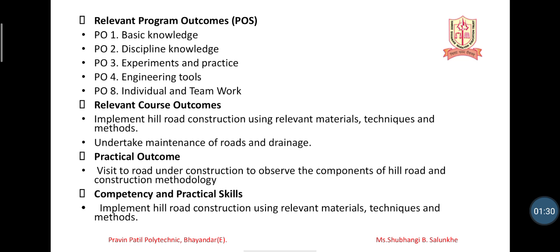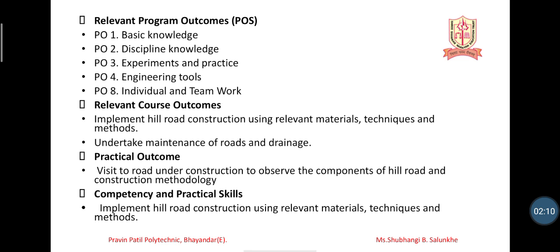Okay, so now the relevant program outcomes are basic knowledge, that is an ability of basic math, science and engineering to solve engineering problems. Then we should have discipline knowledge, that is an ability to apply discipline-specific knowledge to solve engineering problems. Then PO3, that is experiments and practice: the ability to plan and perform the practicals, and then after finding the result we can solve the engineering problems.